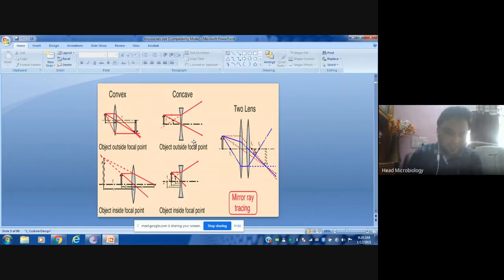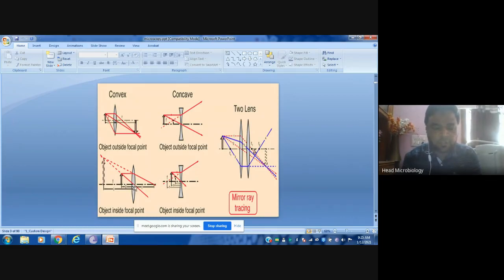And second point, see here, the first image is created, and this image will work as an object for your eyepiece. So this is the eyepiece. What happens if the object is placed in between the lens and the focus point?